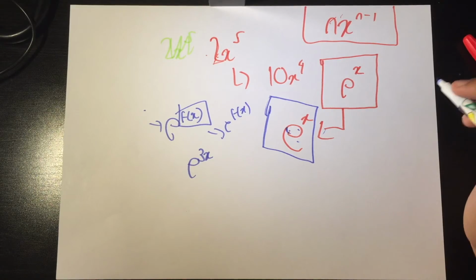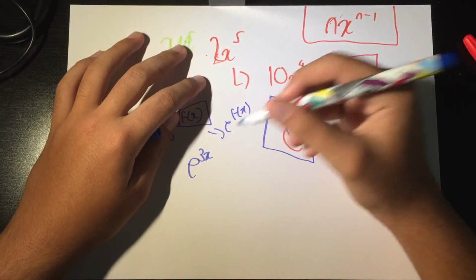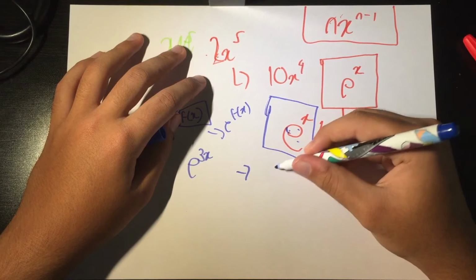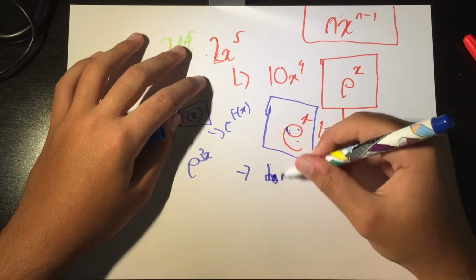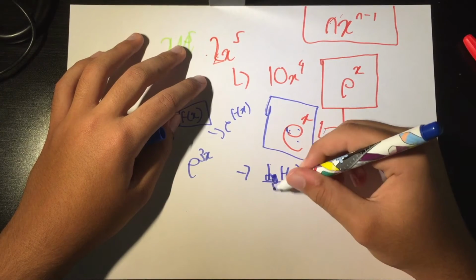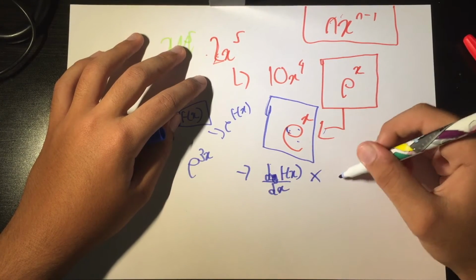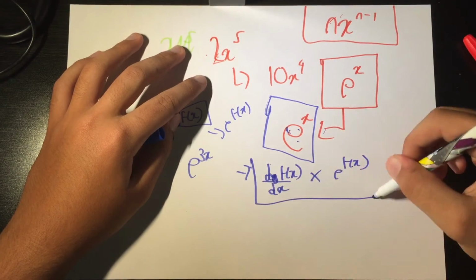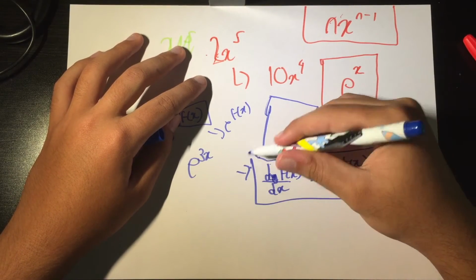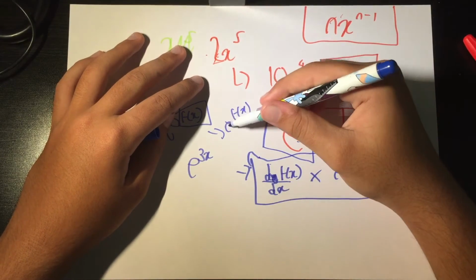To differentiate this, you'll use the formula: the derivative of f of x, times e to the power of f of x. So this is the rule for differentiating e to the f of x functions.